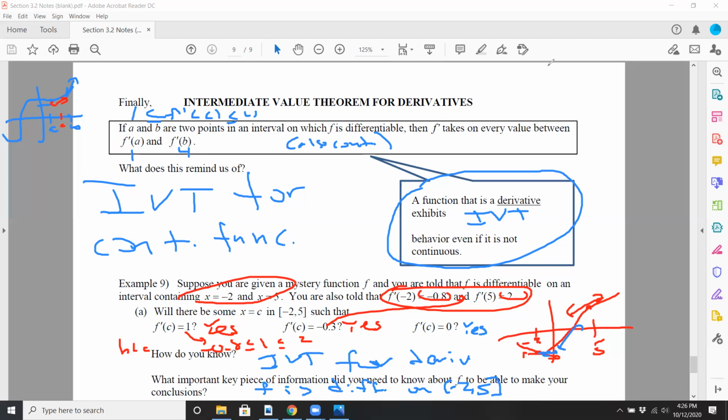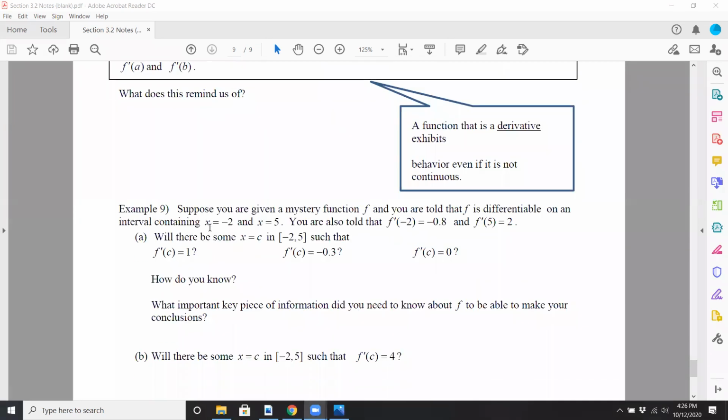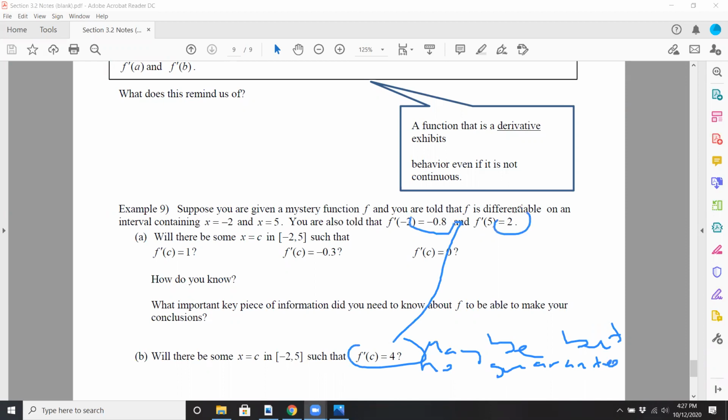Now, let's scroll down. Will there be some x value in this interval where f prime of c equals 4? Maybe, but we don't know. There's no guarantee. It can, but there's no guarantee, because 4 doesn't fall between -0.8 and 2.